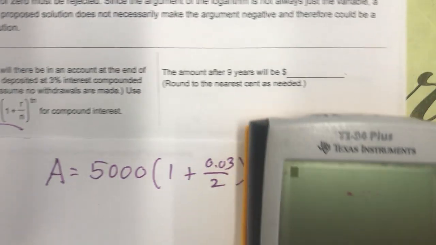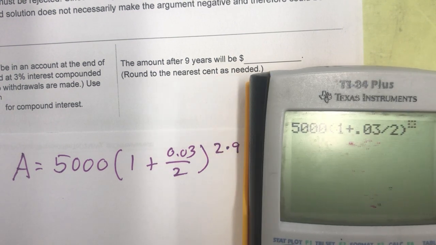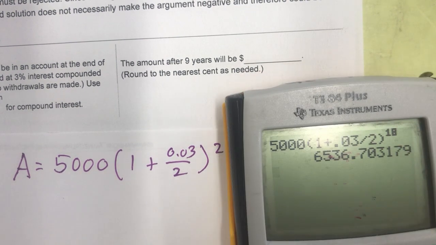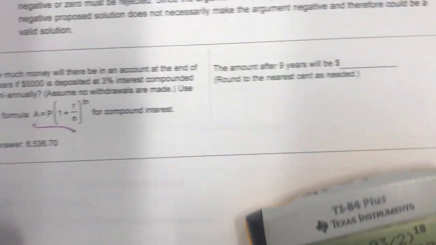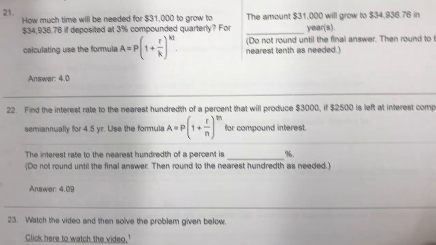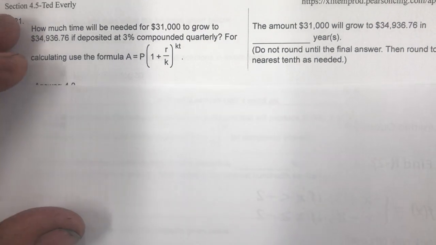I got 5,000 times 1 plus 0.03 divided by 2, to the 18th power. 2 times 9 is 18. And I get $6,536.70. And we got it. Now, here's where it may change.